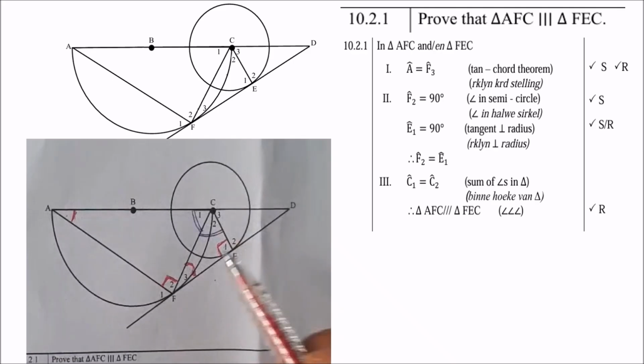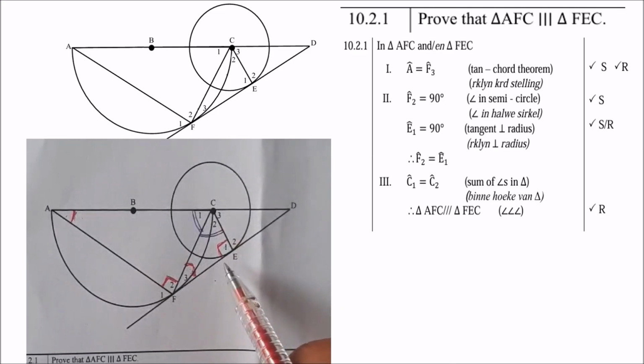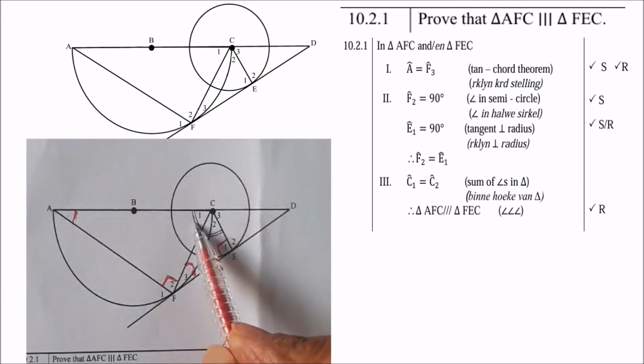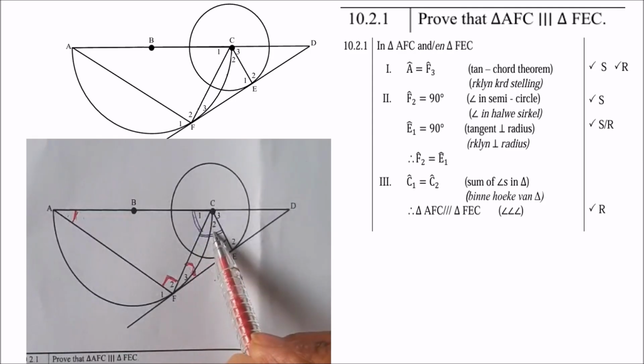And then thirdly, angle C1 is equal to angle C2, and we can get it by using the sum of the angles of a triangle. So there we have three sets of angles equal. Therefore, triangle AFC is similar to triangle FEC. Angle, angle, angle.